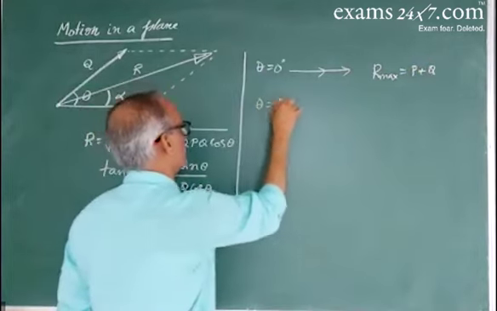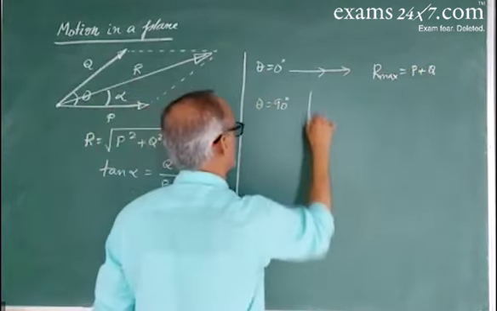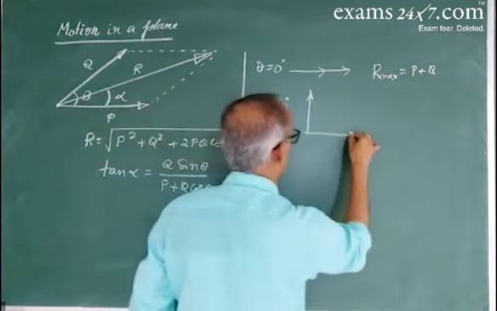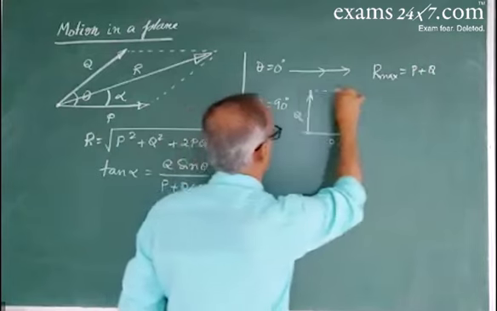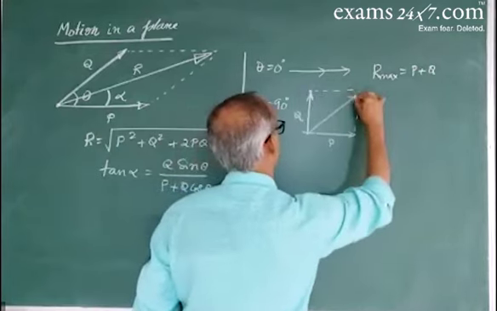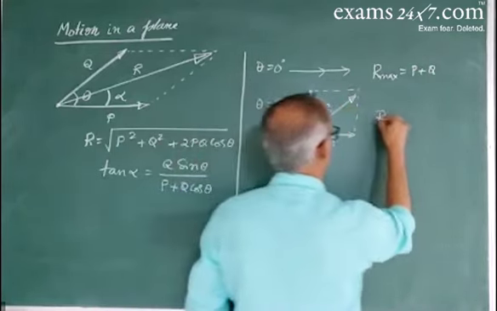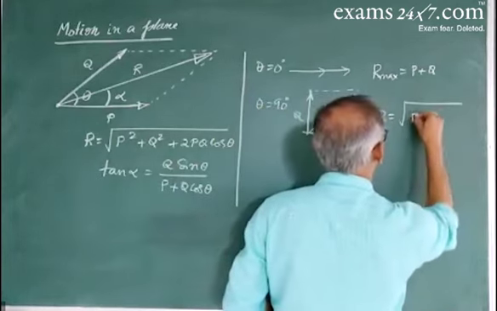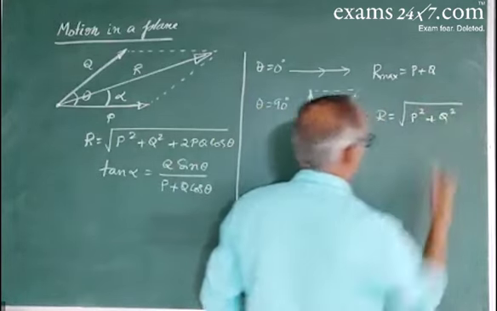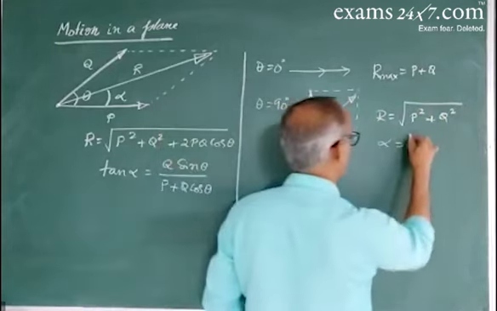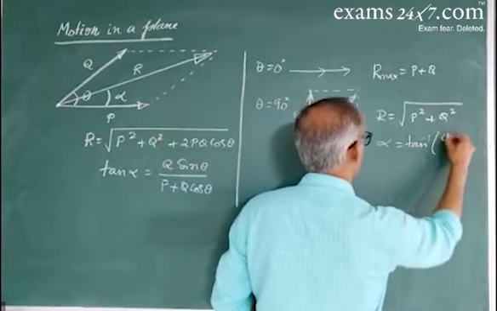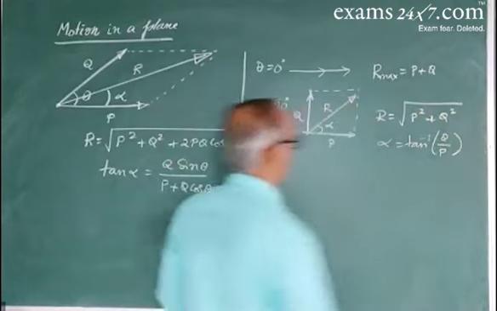And when theta is equal to 90 degrees, that is when the two vectors are perpendicular, we get the resultant R to be equal to root of p square plus q square. You can even find the direction of this resultant using alpha is equal to tan inverse of q by p.